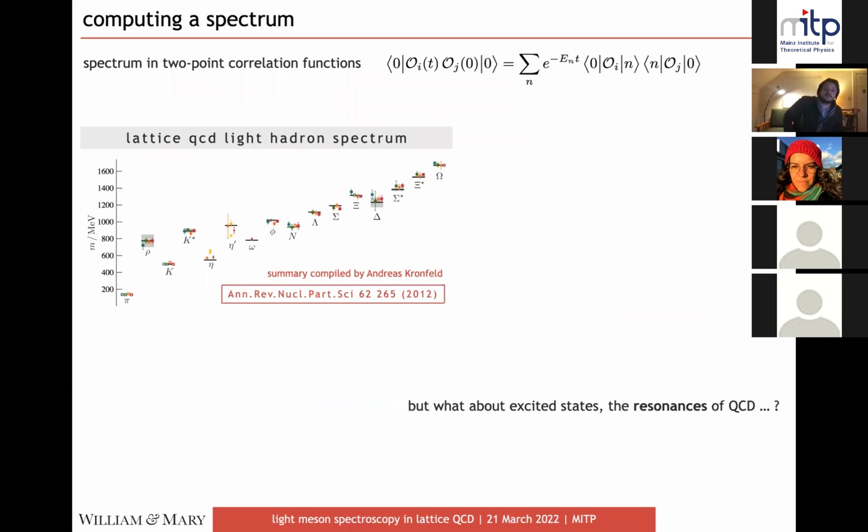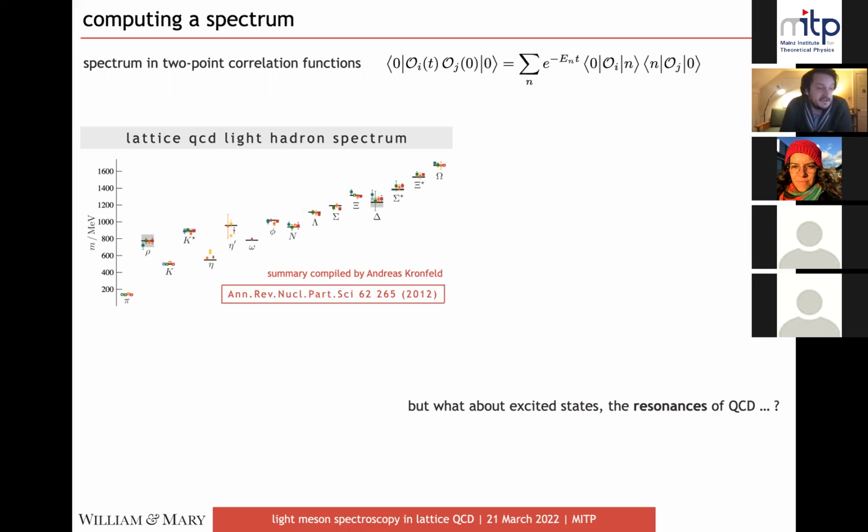So if you're interested in spectra, then what you want to compute are 2-point functions. Here's an example in the top right. These operators here are constructed out of quark and gluon fields to have overall the quantum numbers of whatever system you want to look at. And you can see on the right-hand side here that in Euclidean spacetime, this is given by a sum of decaying exponentials, where the decay rates are controlled by the energies of the states you're interested in.